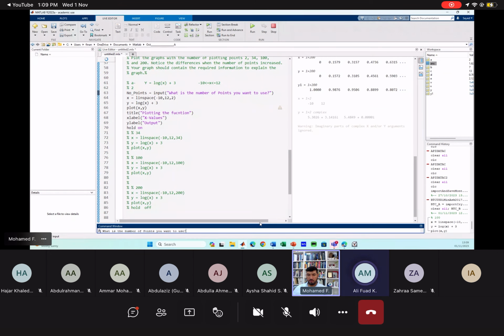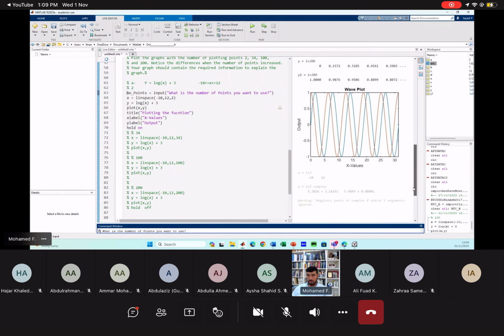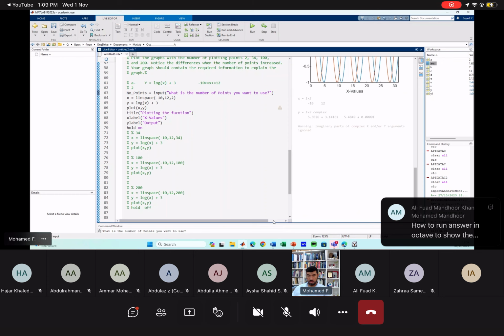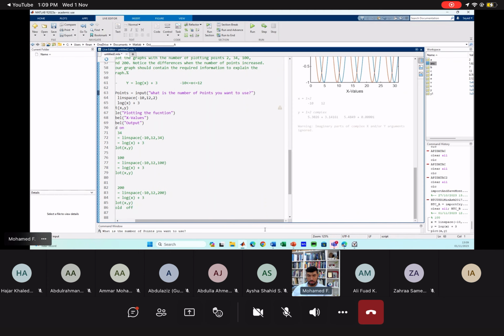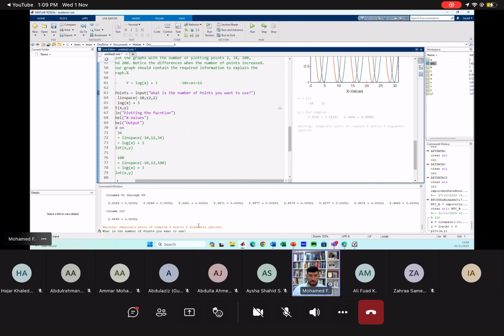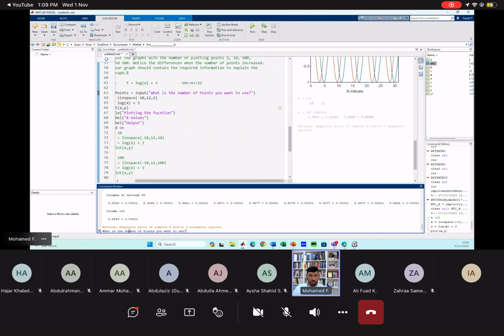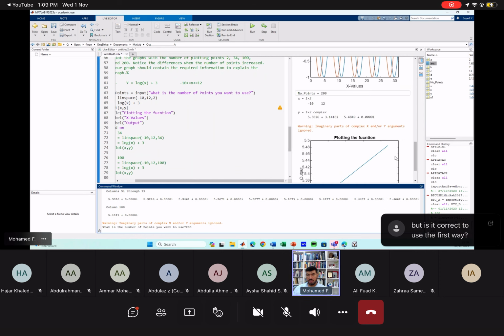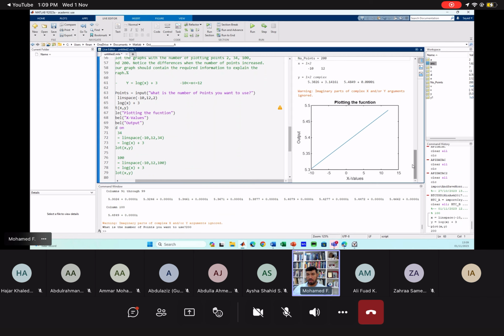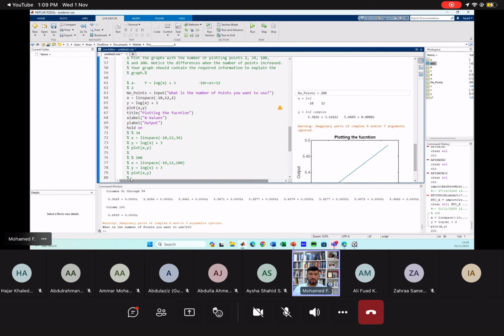He should ask me for an input. So he asked me here, what is the number of points you want to use? I said, for example, 200. So once I say 200, directly he will, sorry, I did not adjust it. Here I have to put the number of points as a variable.